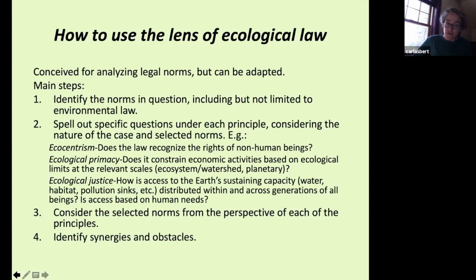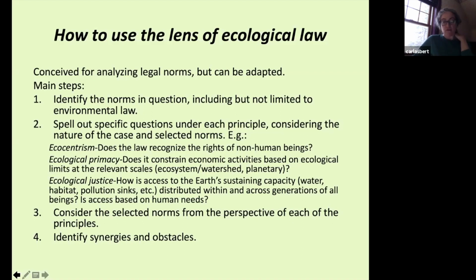An example for ecological primacy, a question could be whether the law constrains economic activities at the different ecosystem, watershed, or planetary level, at the relevant scale, right?